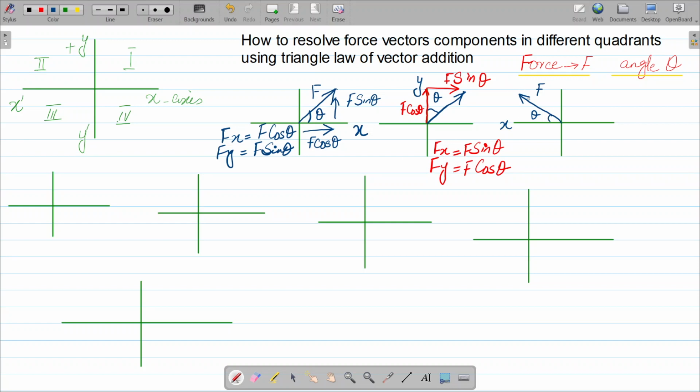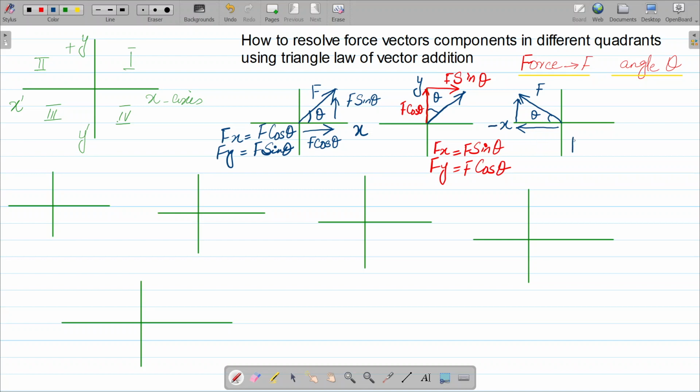Now when we resolve it, we will get one component like this according to the triangular law of vector addition, and the other component will be something like this. This is the resultant force F, and again remember this is minus x.